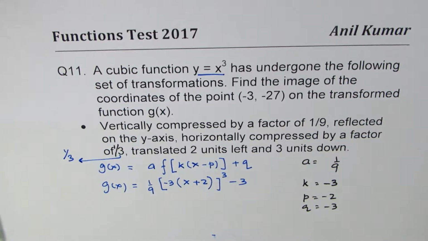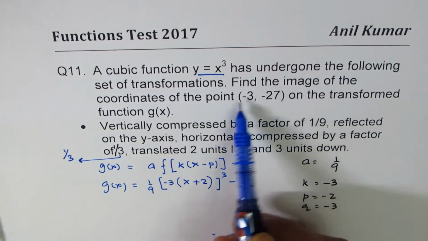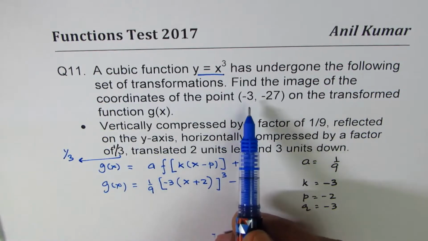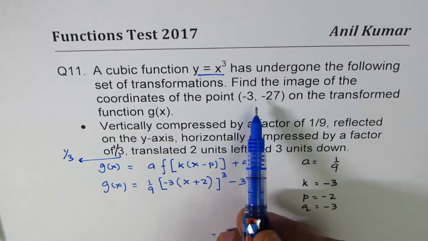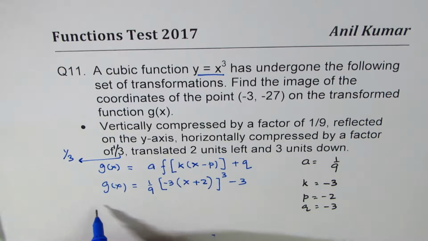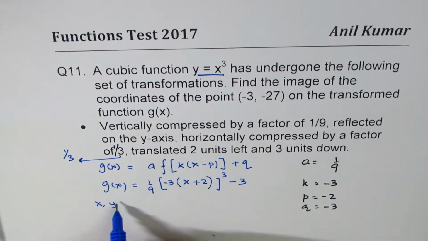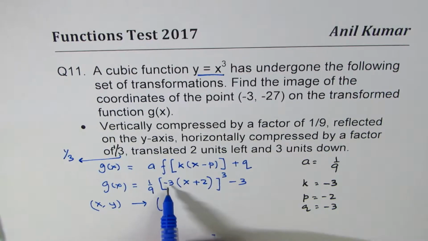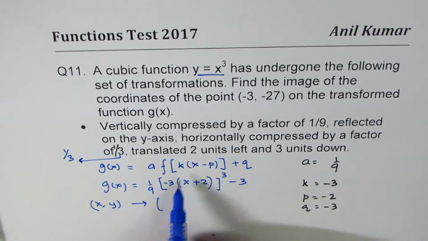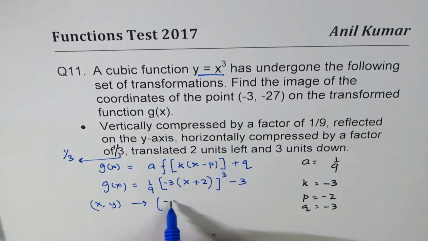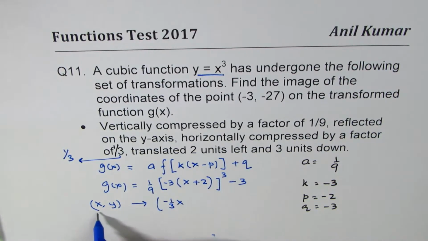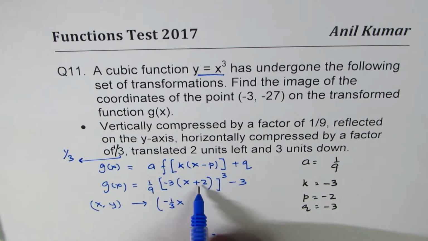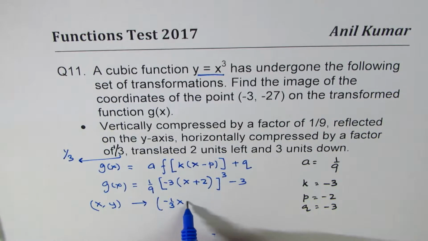Now the question is, we have to find the image of the given point, right? So how will that change? If in general we have a coordinate point (x, y), then the image will be: the x values get divided by 3, reflected means minus, so minus 1 over 3 times the x value, and then it is moving left, that means minus 2.